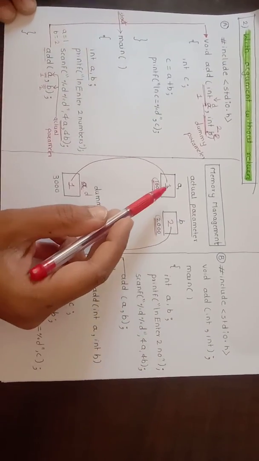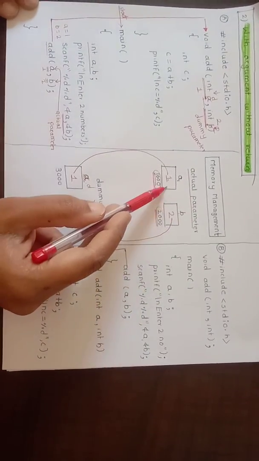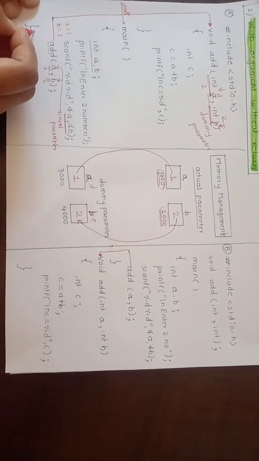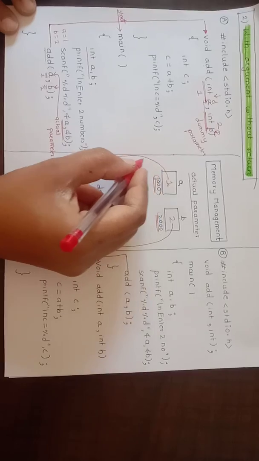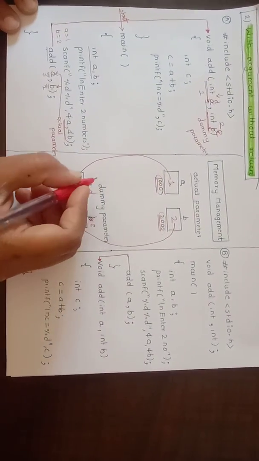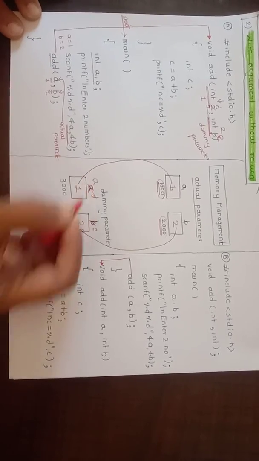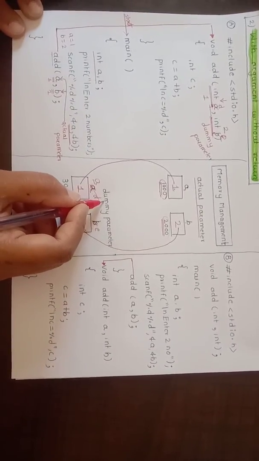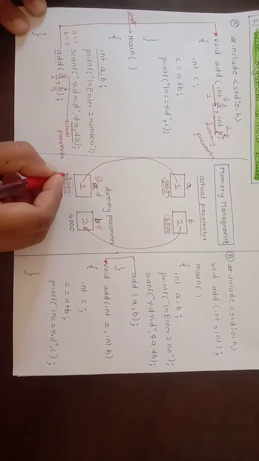So the actual parameters a and b are local variables of your main function. Now these values you are sending to the dummy parameters, and if I keep this a as it is, this a is a dummy parameter, and the memory assigned for this is 3000.